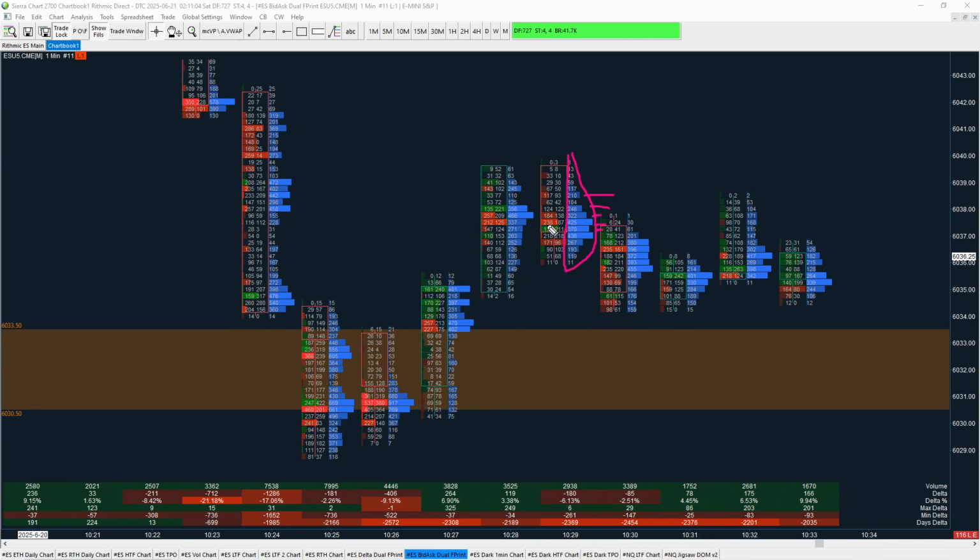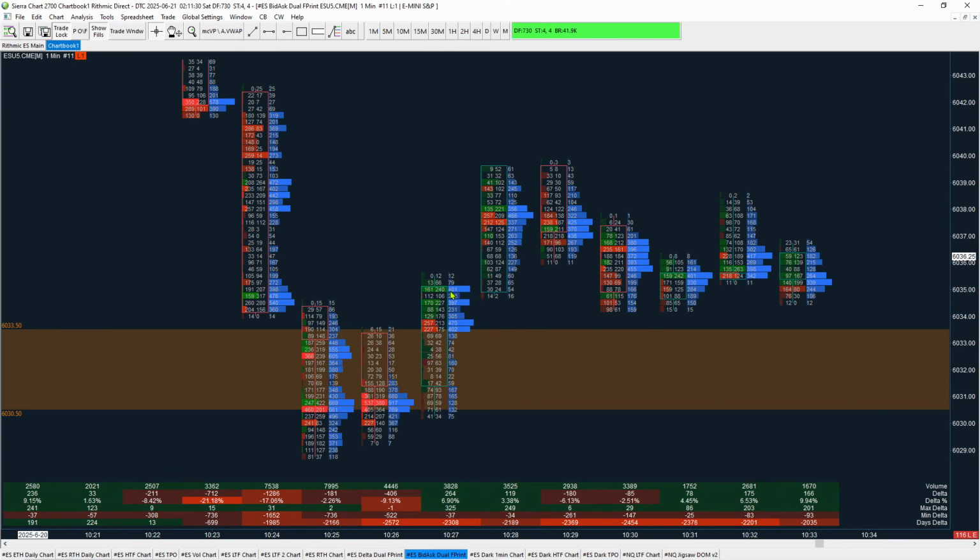And the left side is showing you the bid and the offer of that price point. So right here, for example, we had 161 contracts traded at the bid and 240 contracts traded at the offer, or the ask.